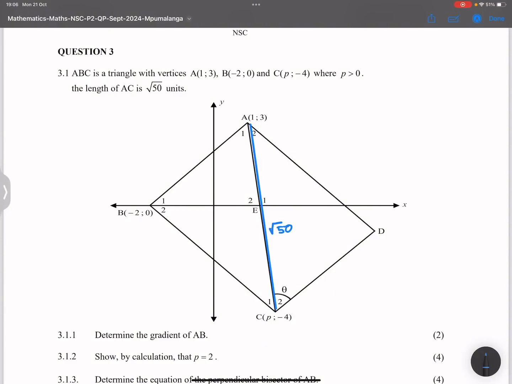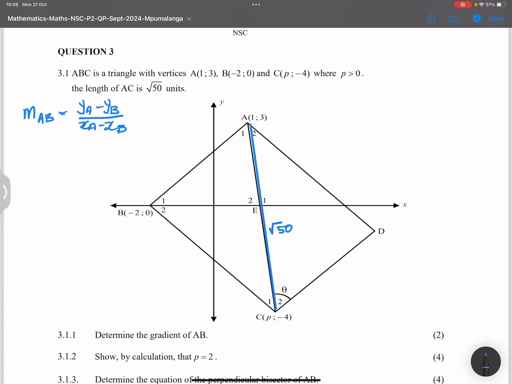Firstly, they want us to determine the gradient of AB. We can do that quite quickly. The gradient of AB is y2 minus y1, I'm going to say ya minus yb over xa minus xb.